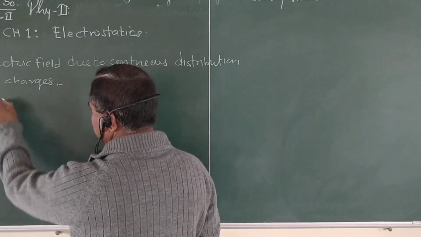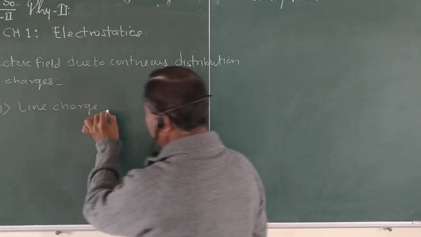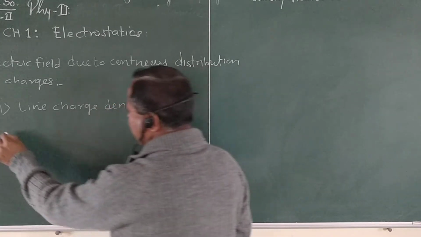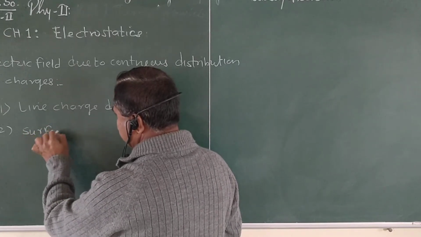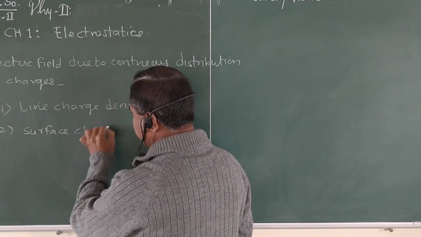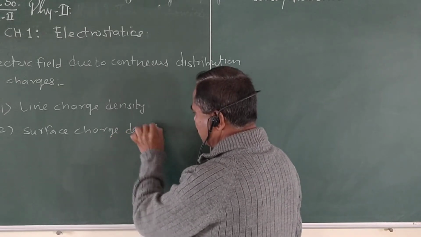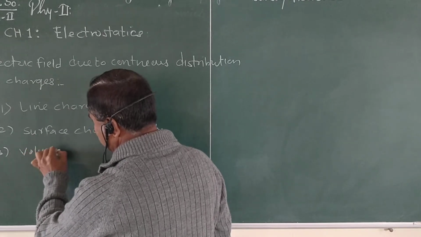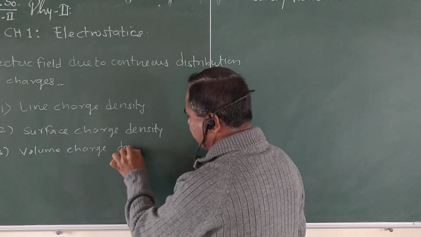Okay. So there are three types of charge densities. First we consider line charge density, second one surface charge density, and third one is the volume charge density.